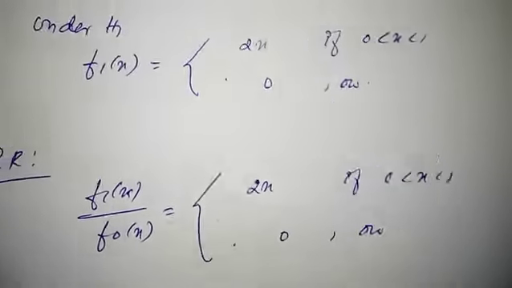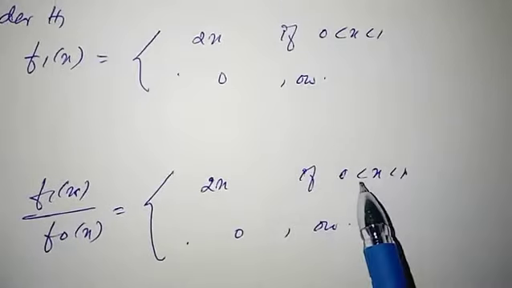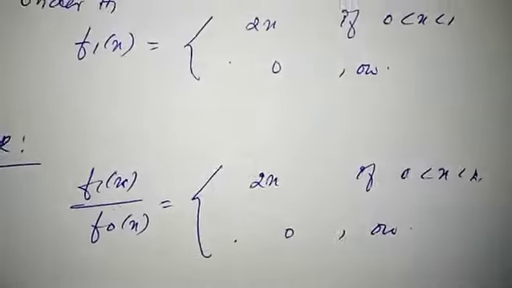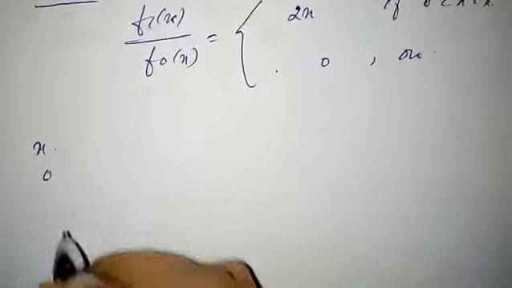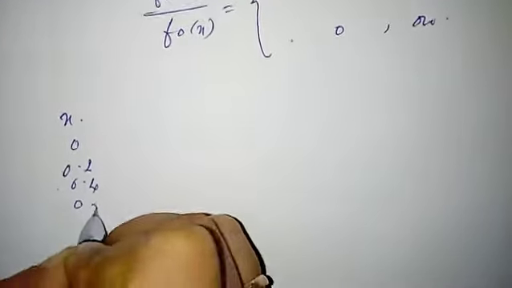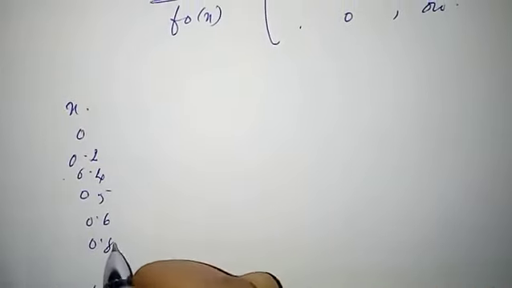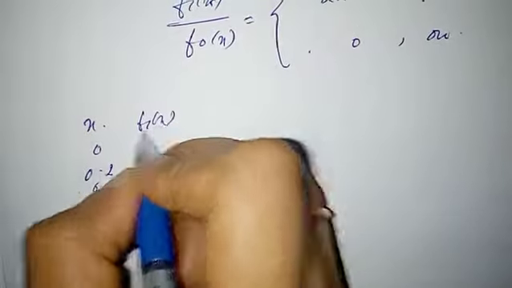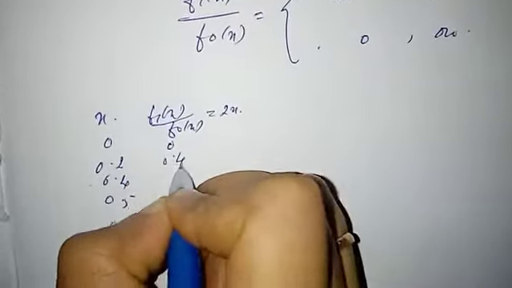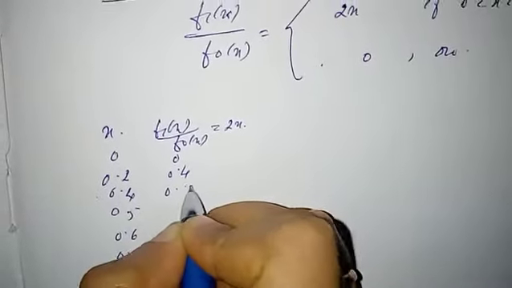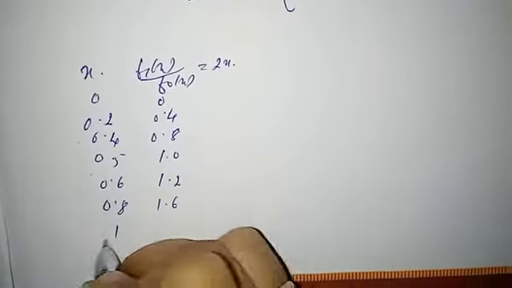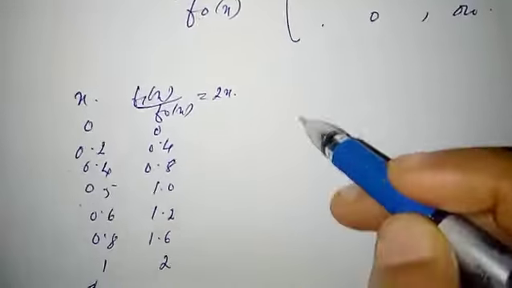We substitute x values between 0 and 1 and calculate the ratio: x = 0, 0.2, 0.4, 0.5, 0.6, 0.8 and 1. The ratio f1(x)/f0(x) = 2x gives 0, 0.4, 0.8, 1.0, 1.2, 1.6, then 2. Then we will draw the graph.